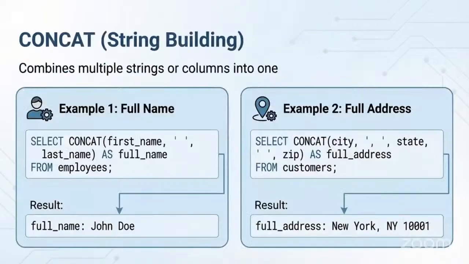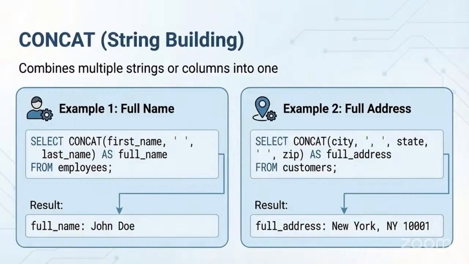Concatenate. Okay, so the concatenate function is short for concat in string. It is a method or a function in SQL that you can use in your select query to easily combine columns, especially when both columns are strings.